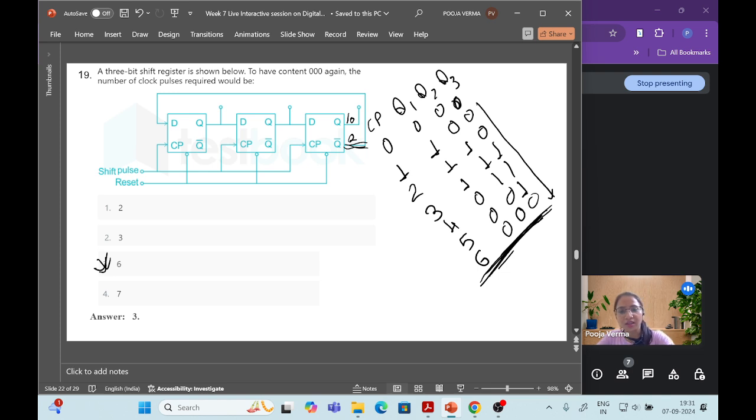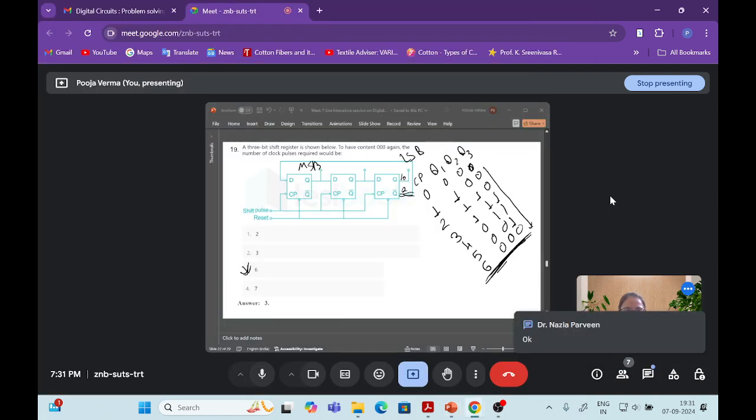Most of the cases it is given, but here it is not given, so you can take from any side. Most of the cases MSB is this side and LSB this side. Okay. So here it is not given, so you can take it.